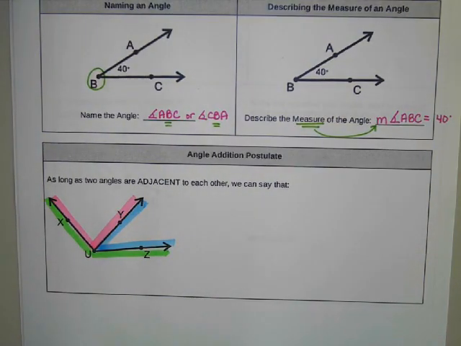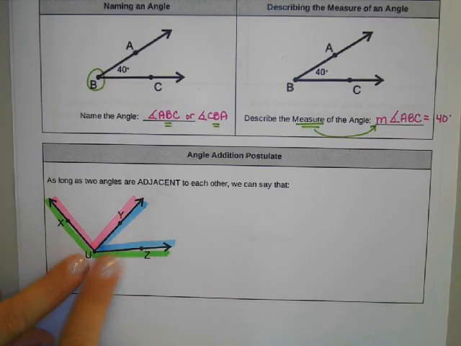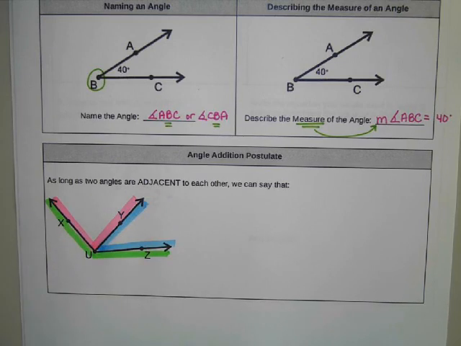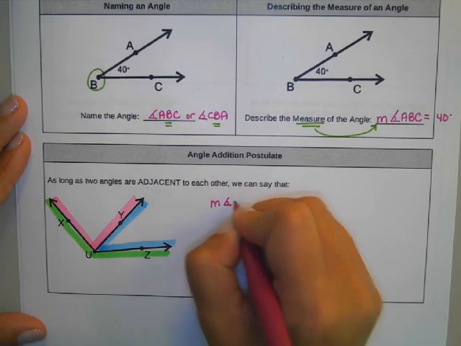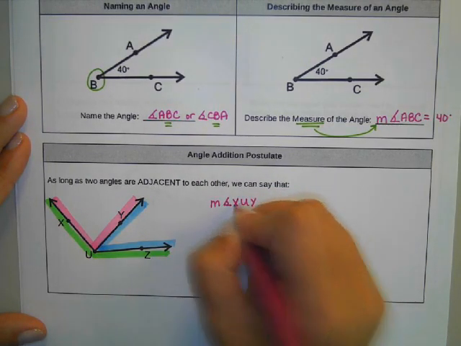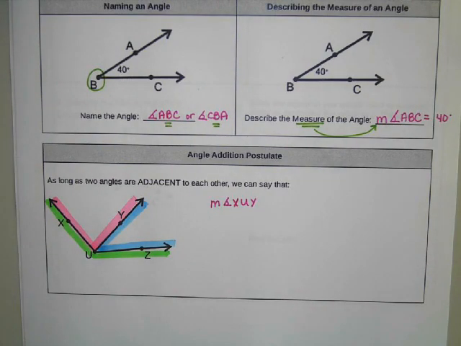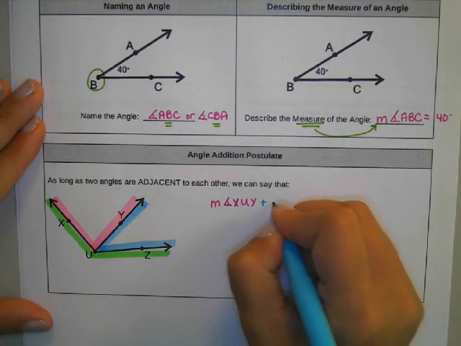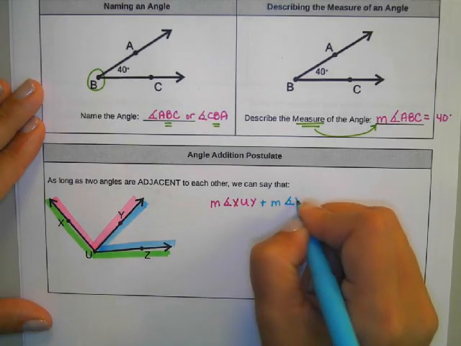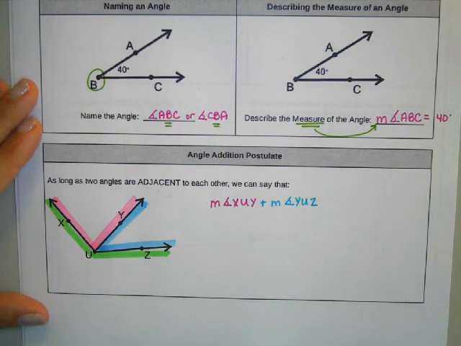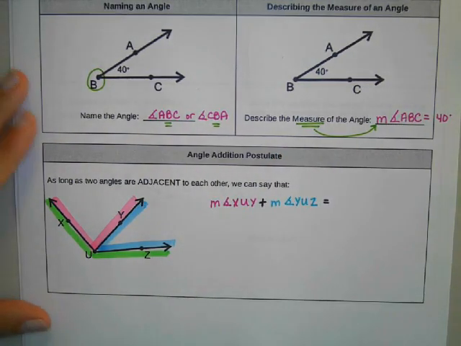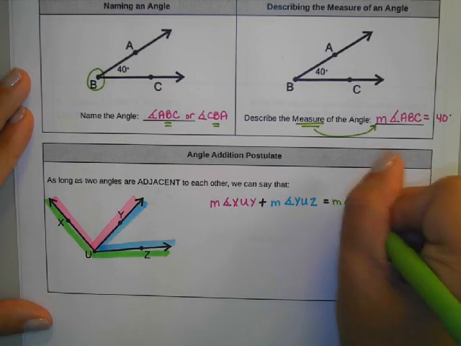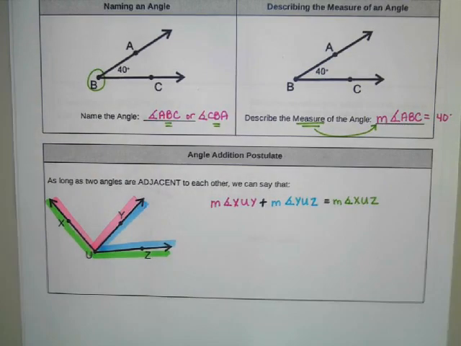Now, what our postulate about angle addition says is that as long as angles are next to each other, so you can see that they're attached along this edge, we can add them up. And we can say that the measure of angle X, U, Y plus the measure of angle Y, U, Z would have to be equal to the measure of the entire angle altogether, which is the measure of angle X, U, Z. Now, here's what that means.